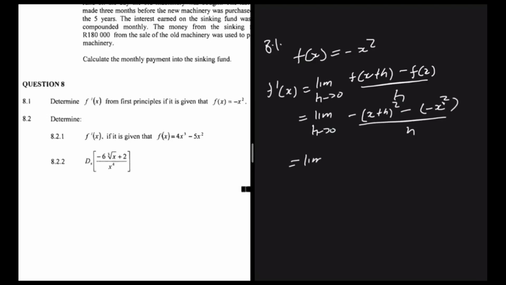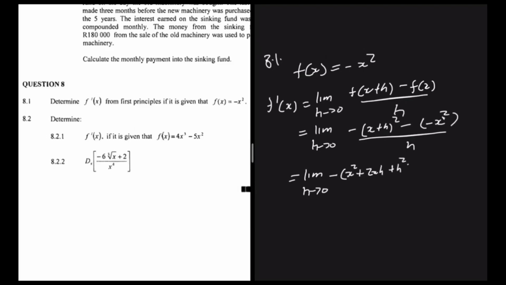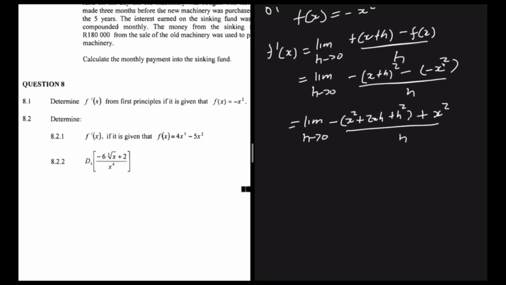So we're going to have the limit as h tends to 0 of minus, if you square x plus h, you're going to get x squared plus 2xh plus h squared, minus minus x squared, which is just going to be plus x squared, and then divided by h, which will be equal to the limit as h tends to 0 of minus x squared minus 2xh minus h squared plus x squared.